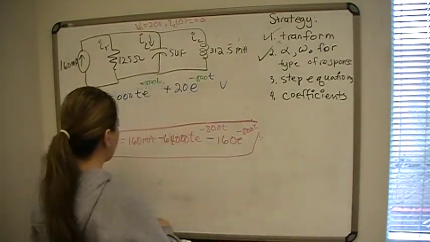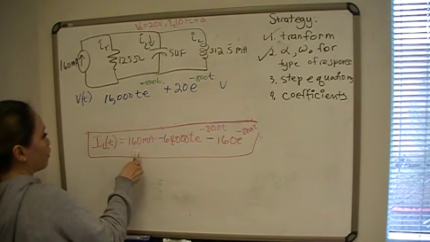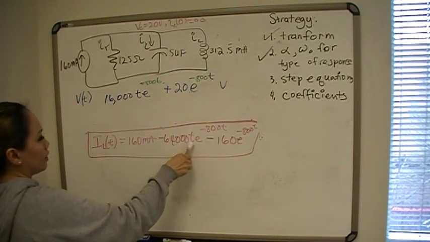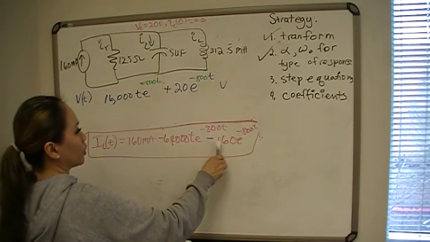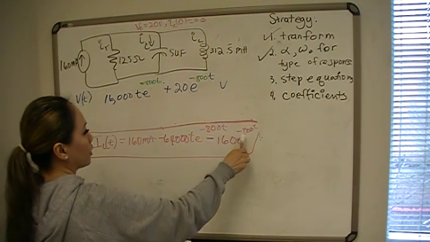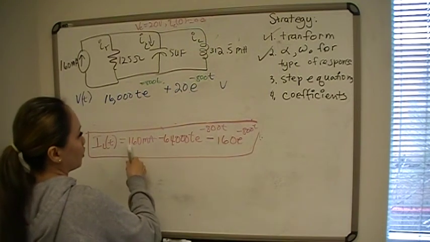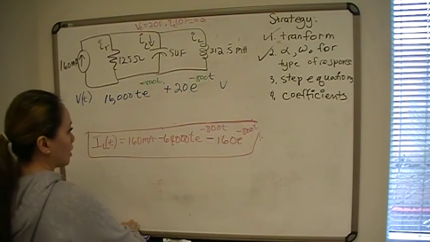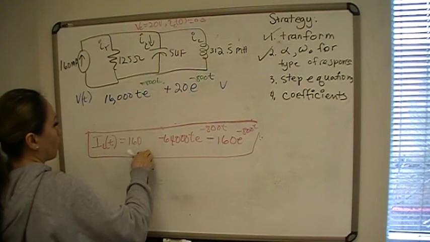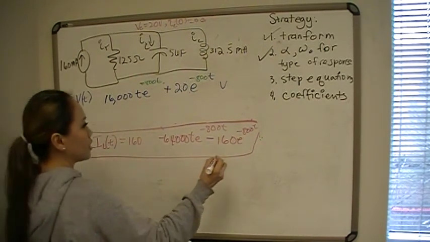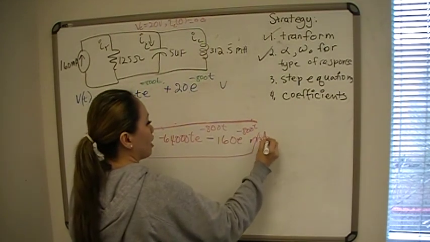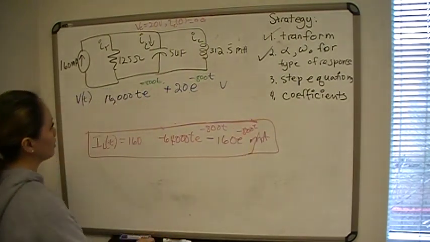So at time 0, we have 160 milliamps times 0. This term goes to 0. This term minus 160, 800 times 0, e to the 0 is 1. So we'll have 160 minus 160. And so at time 0, we do have IL of t equal to 0. So it makes sense with our initial condition.